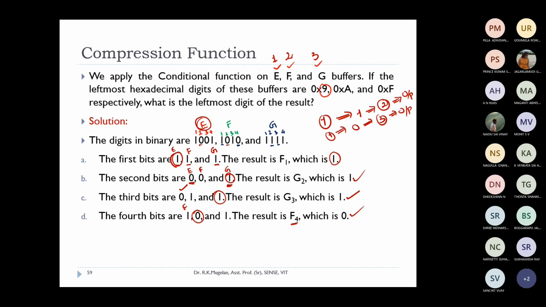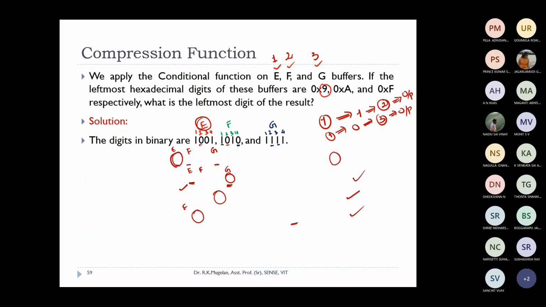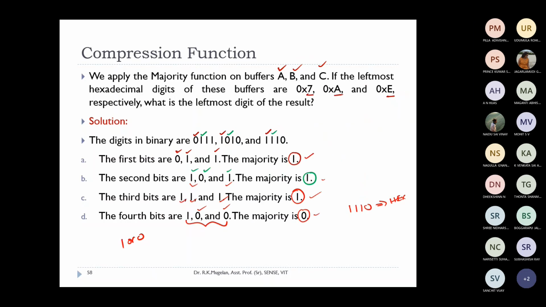And sir, for the previous case, the majority one, in case of an 8-bit number, if there's a tie between the number of zeros and ones, then... No, even if you have 8-bit also, here you're going to compare only 3 words. So obviously, you'll be taking only 3 bits always, whatever the size may be.